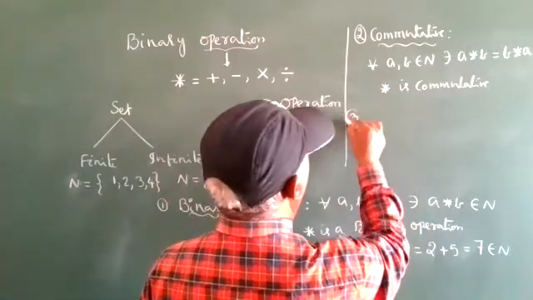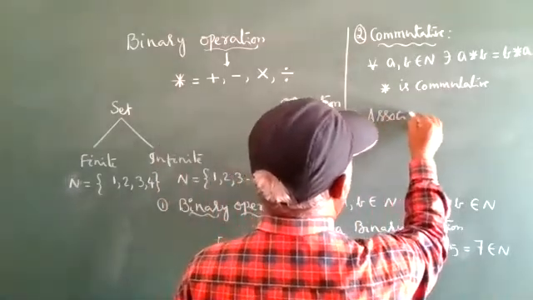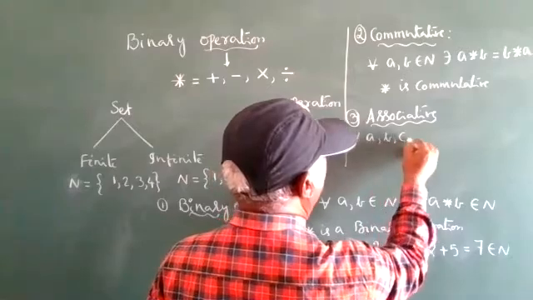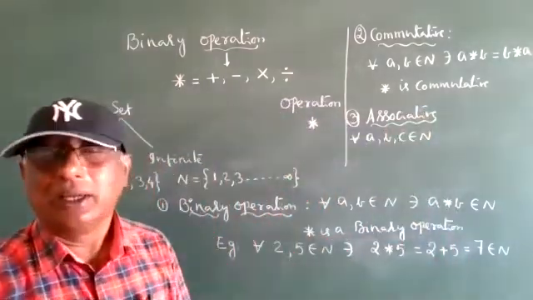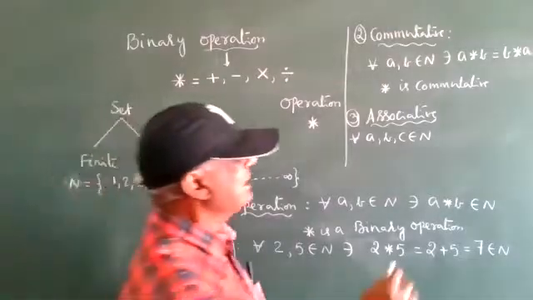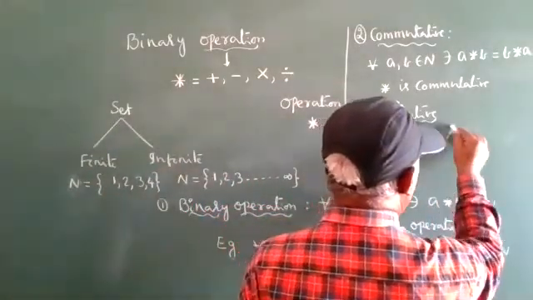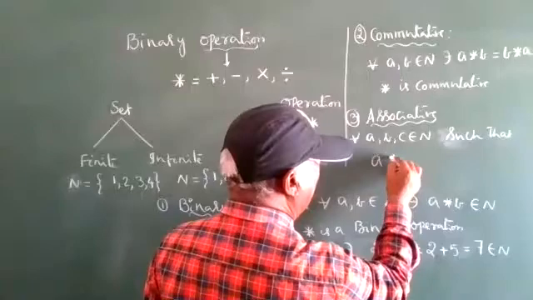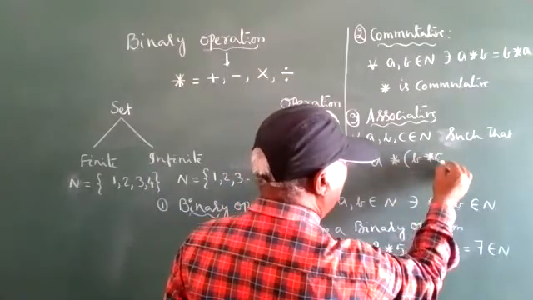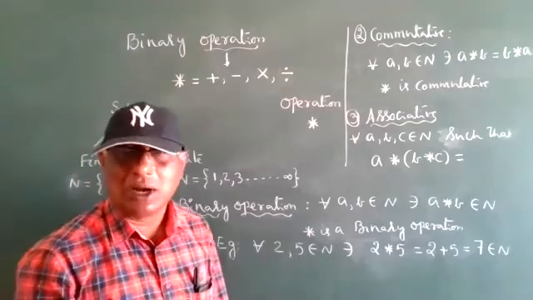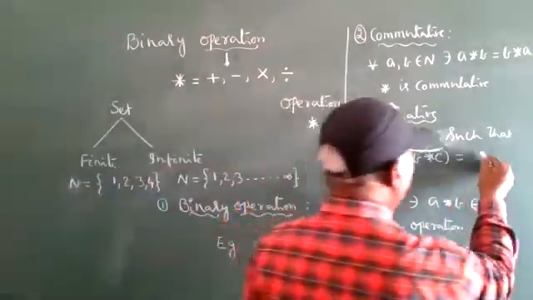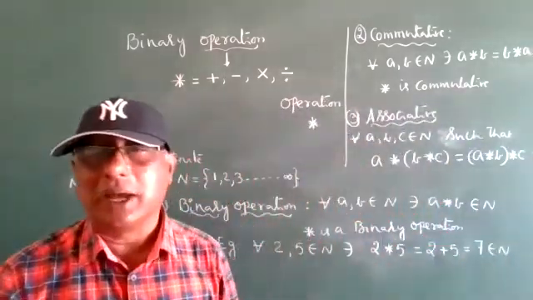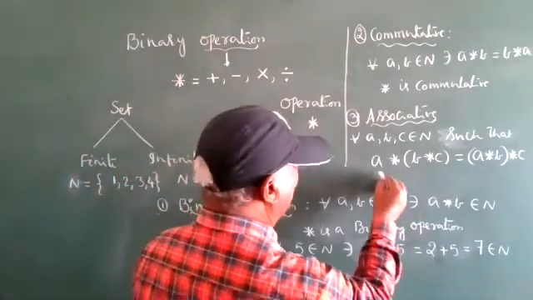Third one, associative. For all A, B, C belonging to the N set, such that A binary operation bracket B binary operation C, three elements, A star B star C, the bracket is equal to A star B, bracket star C. Then star is a binary operation.